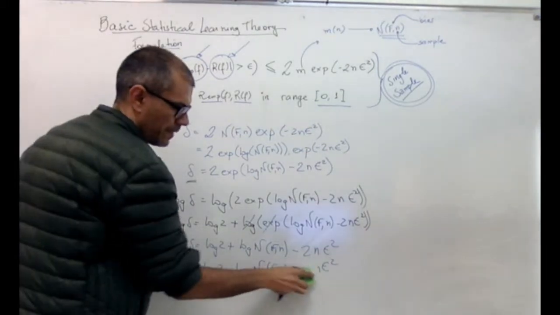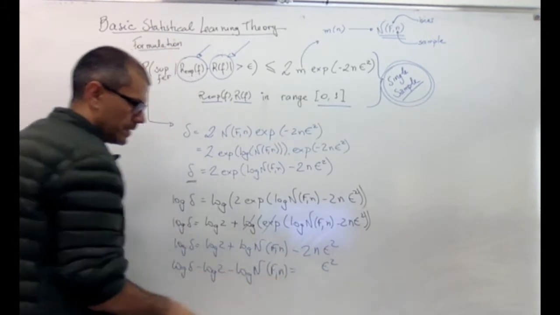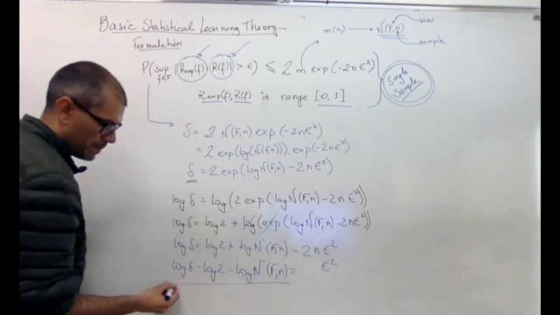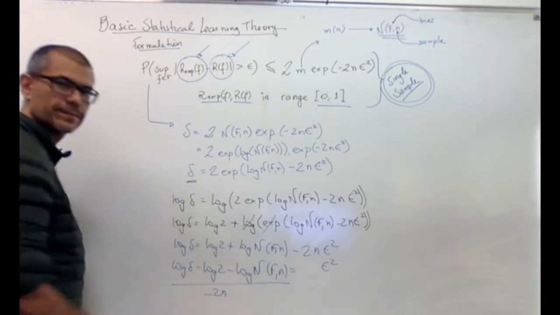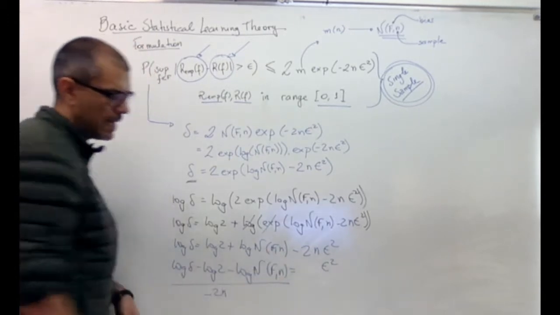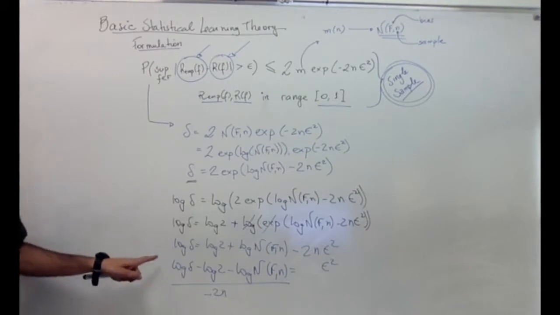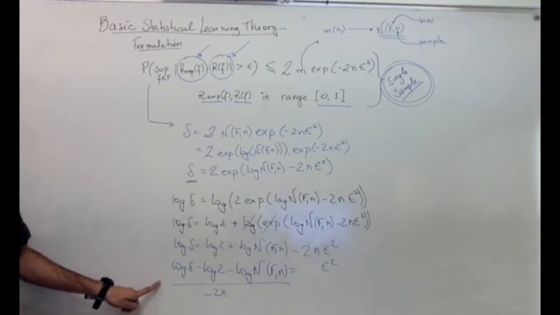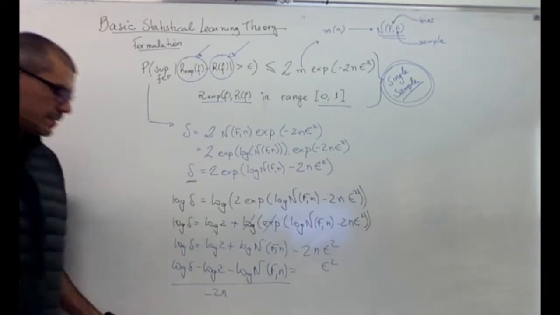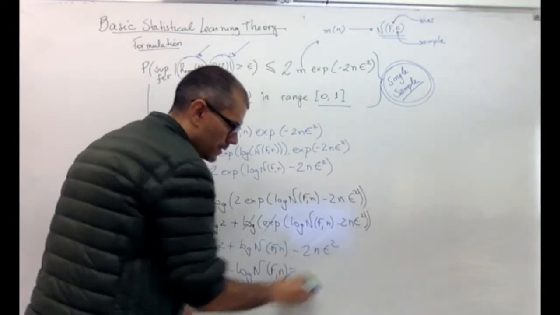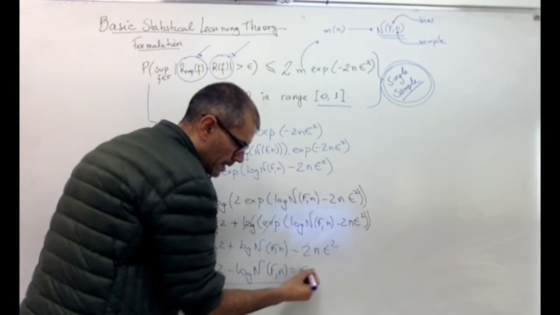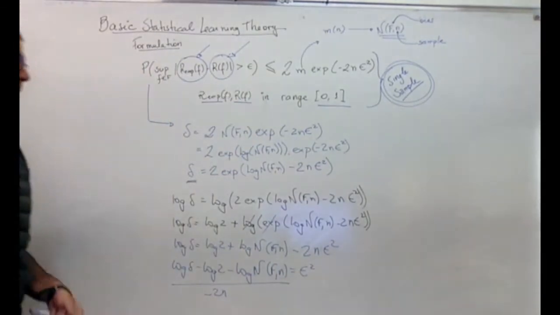Just to simplify, I'm going to divide all the terms on this side by minus 2n. So I have epsilon squared equal to this term, so I can apply a square root on this term to isolate epsilon.